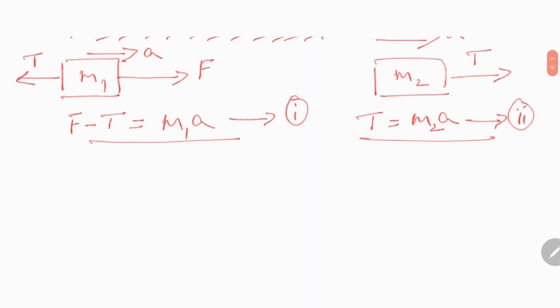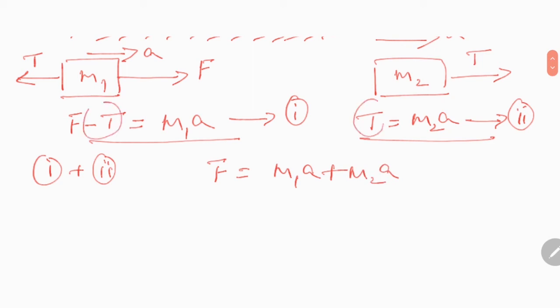So now we can quickly solve this. Let us add 1 plus 2. What will happen is the T's will get cancelled. So force will be equal to M1A plus M2A, because T is negative here and this T gets cancelled if you add both the equations.